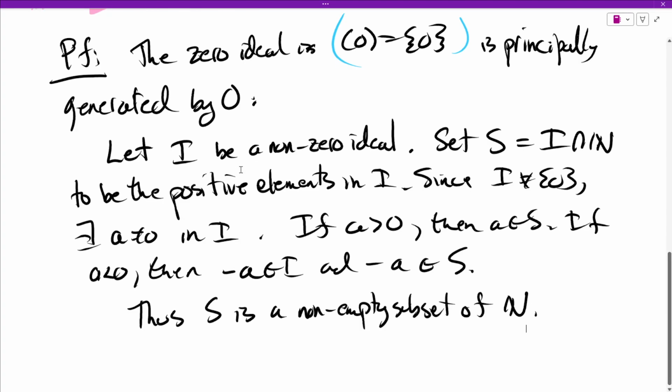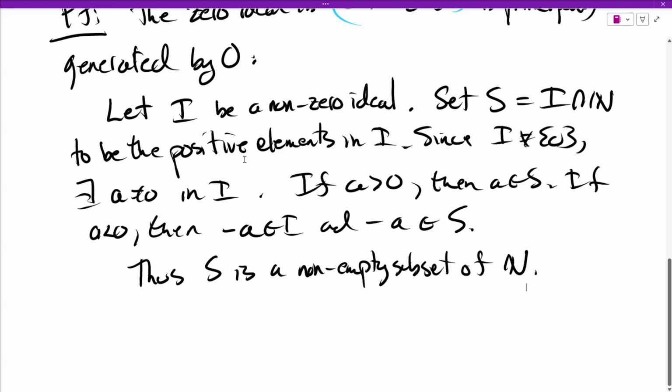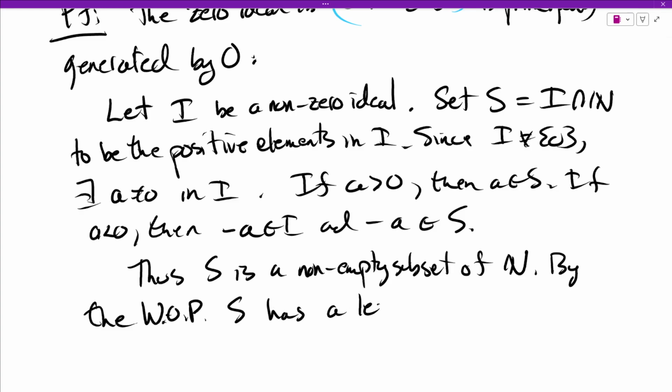What do we know about non-empty subsets of the natural numbers? Well, the well-ordering principle, which I'm just going to write WOP: S has a least element.